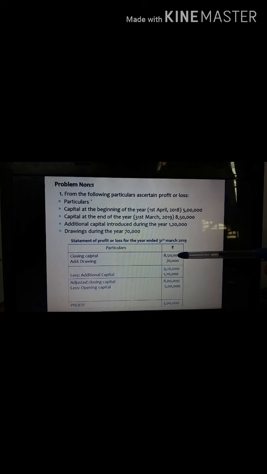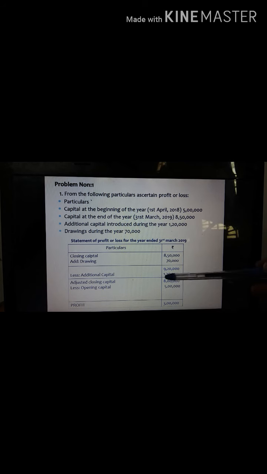From the closing capital you have to add drawings, which are 70,000 in your problem. So 8,50,000 plus 70,000 gives 9,20,000. From 9,20,000 you have to minus the additional capital introduced during the year, 1,20,000, which is also given in your problem. 9,20,000 minus 1,20,000 gives 8 lakh.